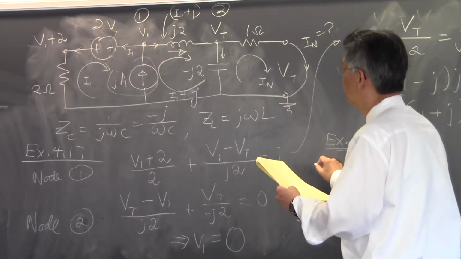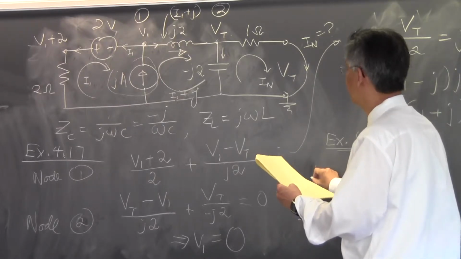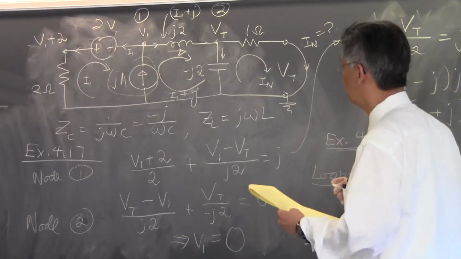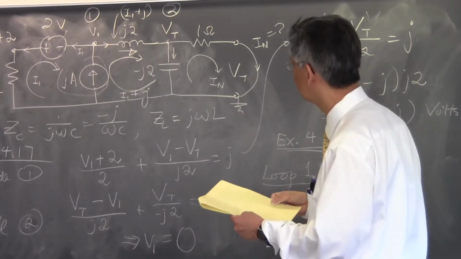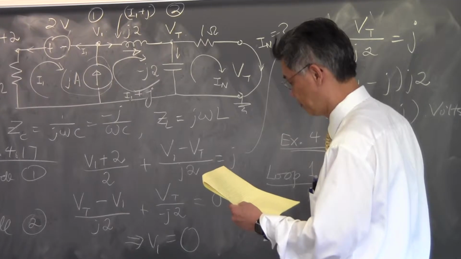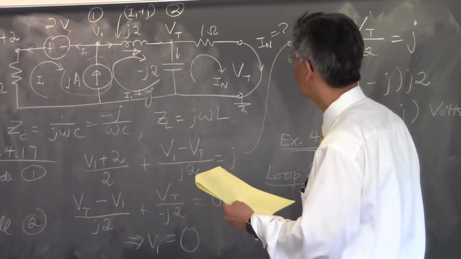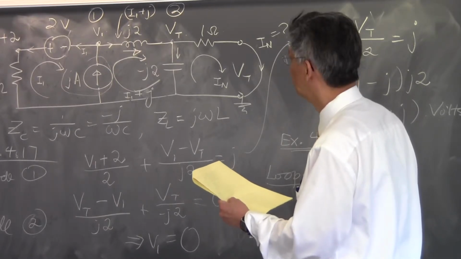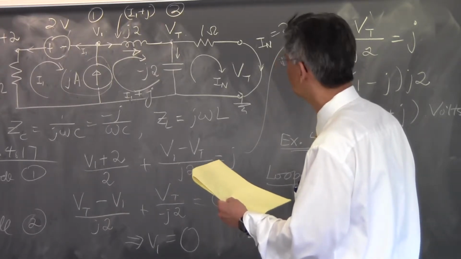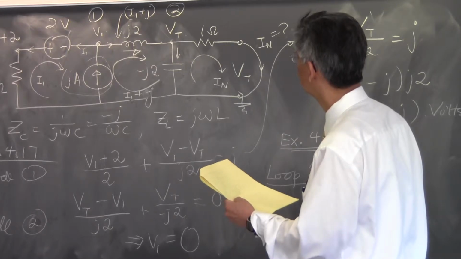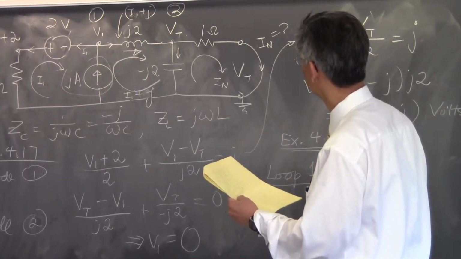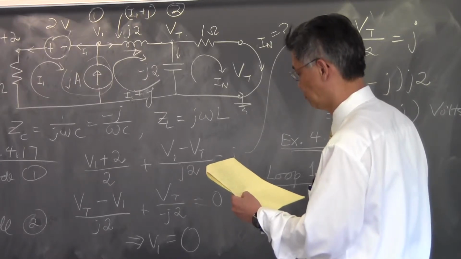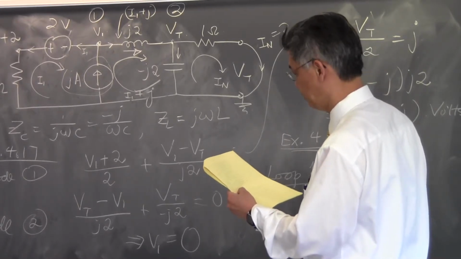So if I were to write the Kirchhoff voltage law for loop 1, let me do it for loop 1 first. Plus j2.